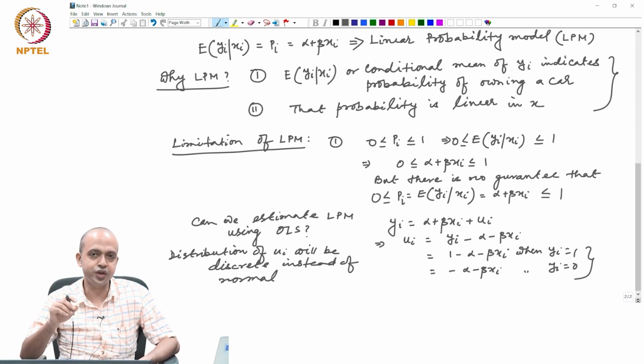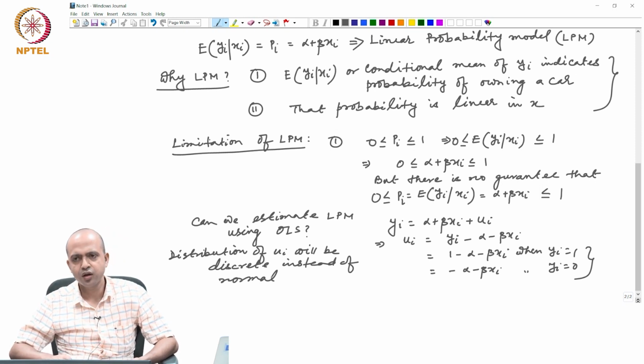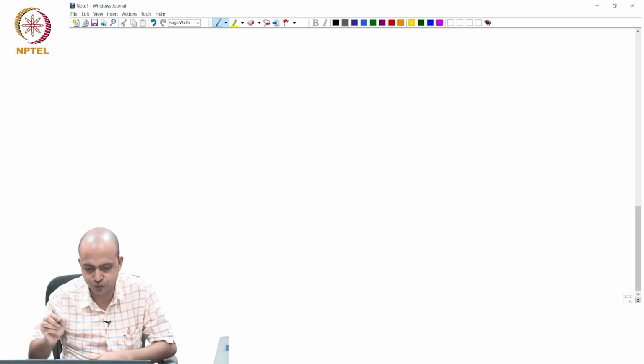So ui follows a discrete distribution. And to overcome this, econometricians developed another model, which is called the Logit model.